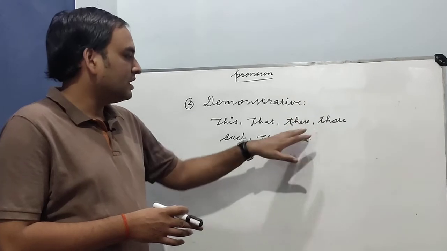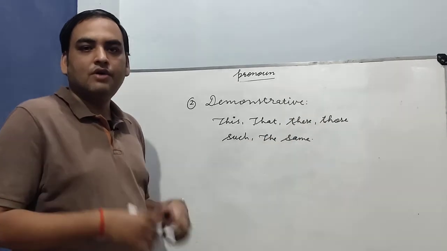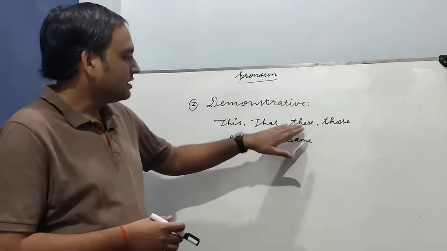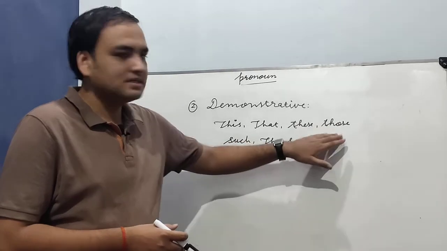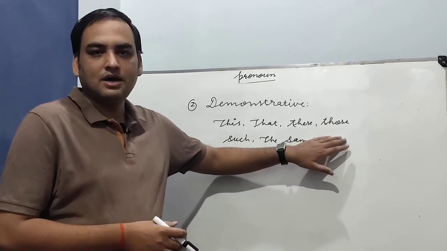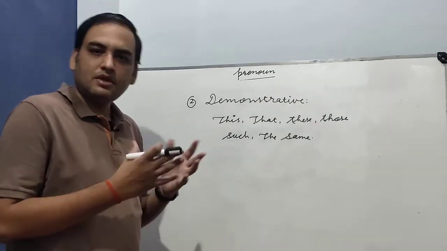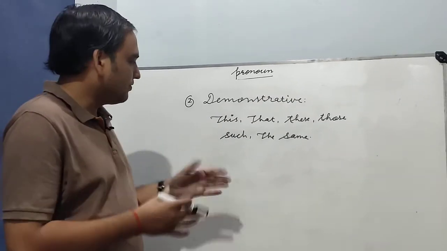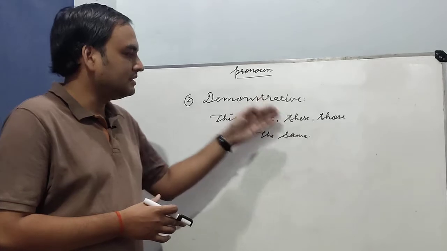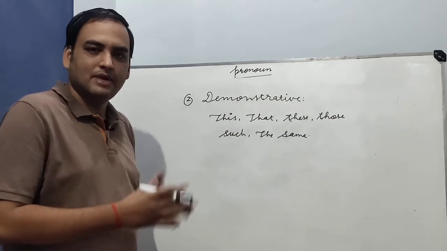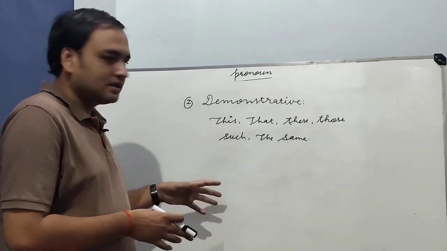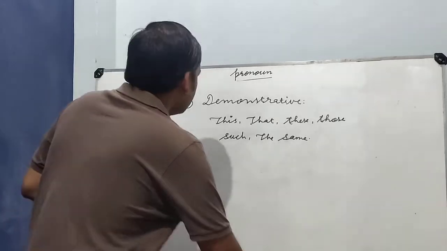Okay, these and those are used for more than one thing. Suppose these are pens, these are books, those are animals, those are books. Okay, so we are using this, that, these, those in such a manner. Okay, so now I come to the next type.